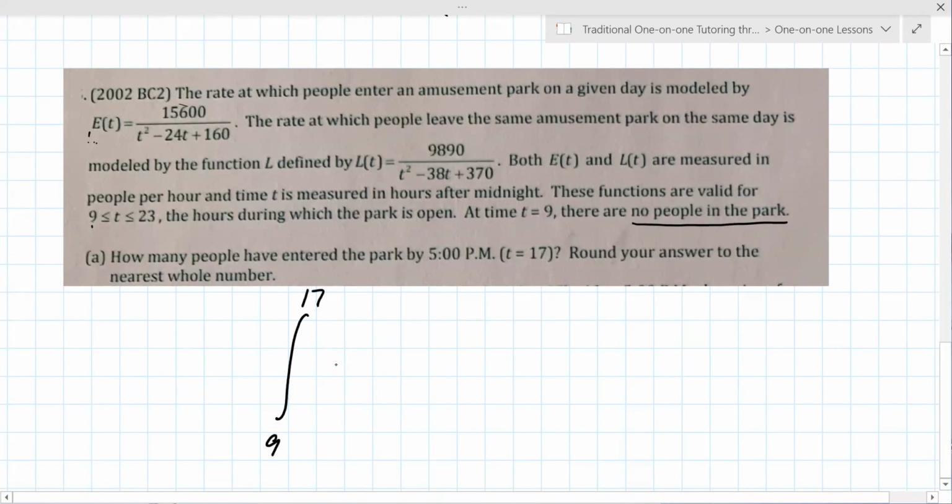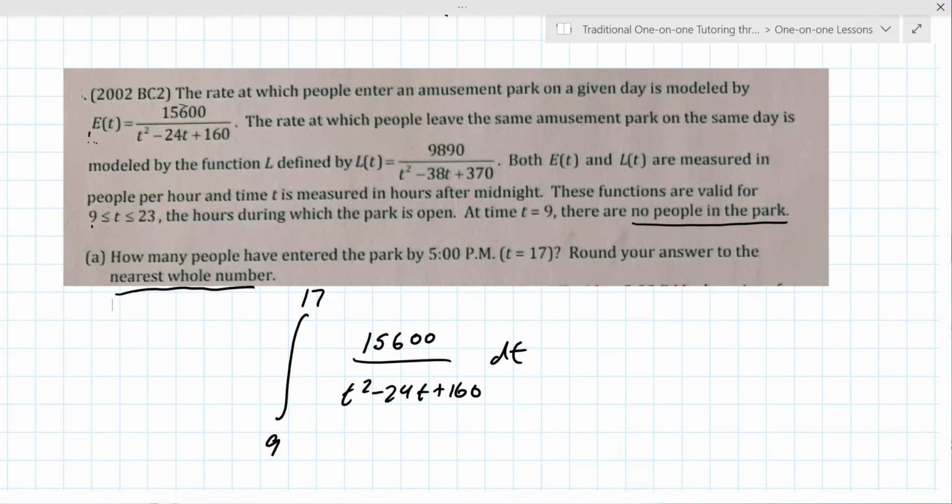And then you're doing this E of t function, 15,600 over t squared minus 24t plus 160 dt. And it wants you to round your answer to the nearest whole number. So if you've got a calculator, go ahead and grab it and see if you can work this out. I'm going to also enter it into a numerical integral thing and give you my answer.